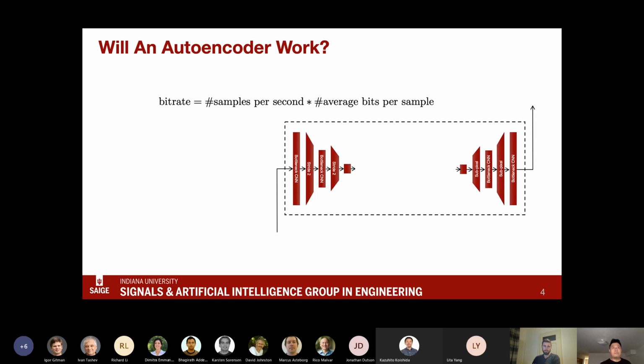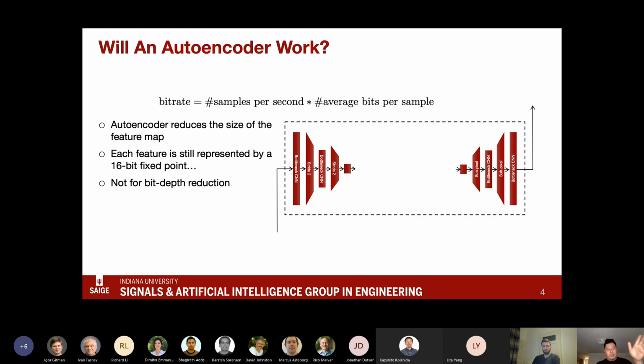An autoencoder is this type of neural network which tries to reconstruct the input. Because of this very narrow bottleneck in the middle, it can learn a compact representation of the input. However, it could reduce the size of the feature map, or the first item here, the amount of samples per second.